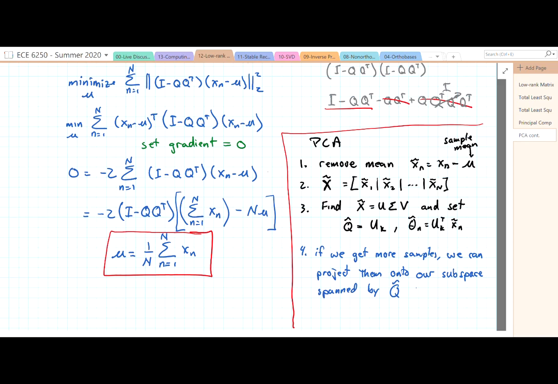So once we've found our transformation, we can apply that to other vectors. Now, one thing that's very useful to know about PCA is that in statistics, they'll often start the whole problem by creating a data matrix, and then finding the eigenvalue decomposition of that data matrix. And you'll see this often in textbooks.